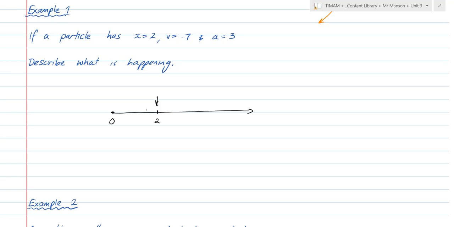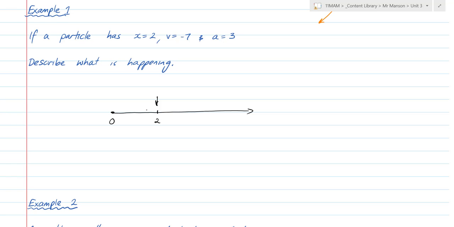So there's lots of ways you can describe this. We're at 2, but we've got a negative velocity. So the distance from the origin is decreasing. It's going towards the origin at the moment. But the acceleration is positive. And the effect positive acceleration has on a negative velocity is that it's taking that velocity closer to 0. So it's a decreasing distance, but the velocity is also increasing at the moment because the acceleration is positive.